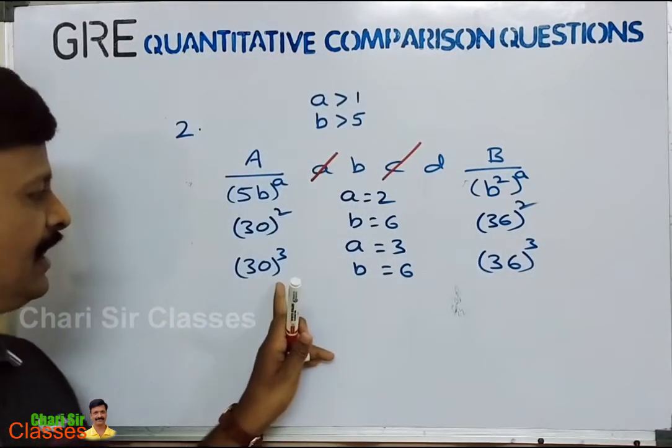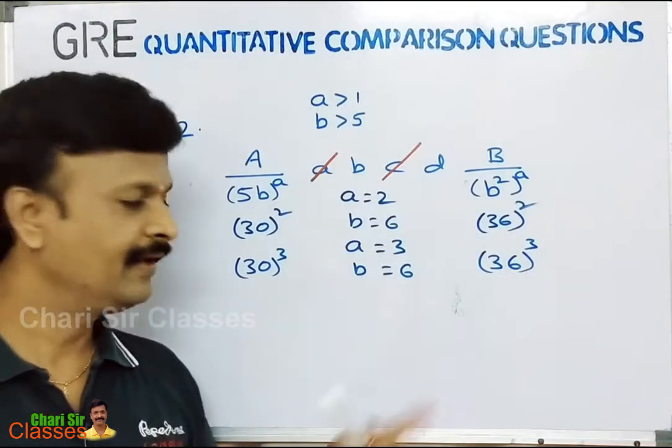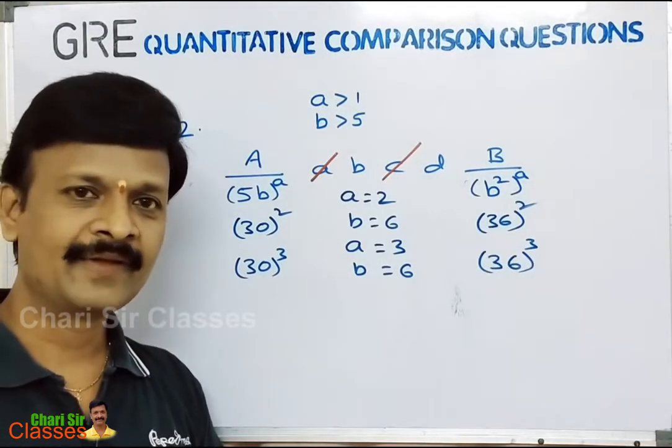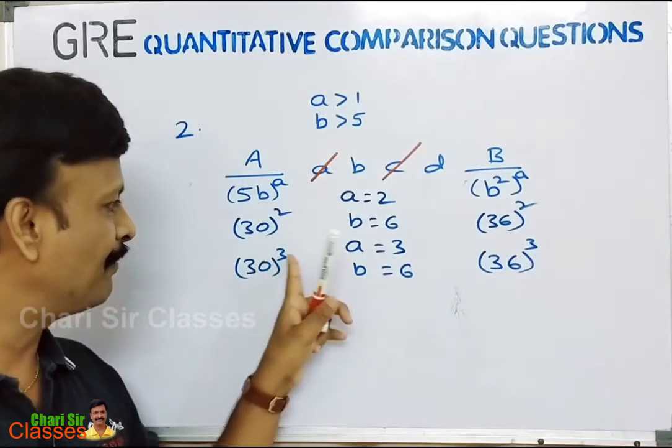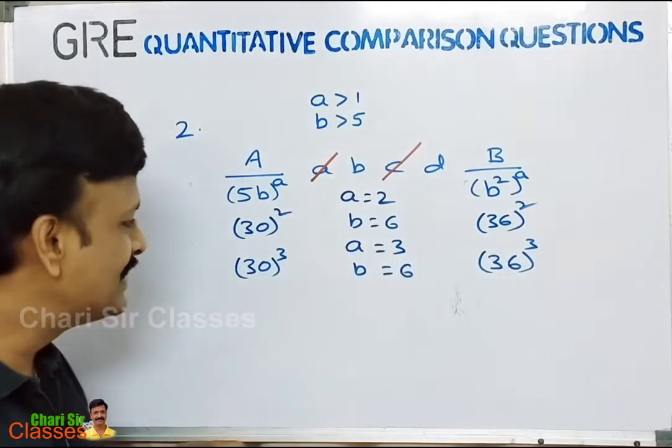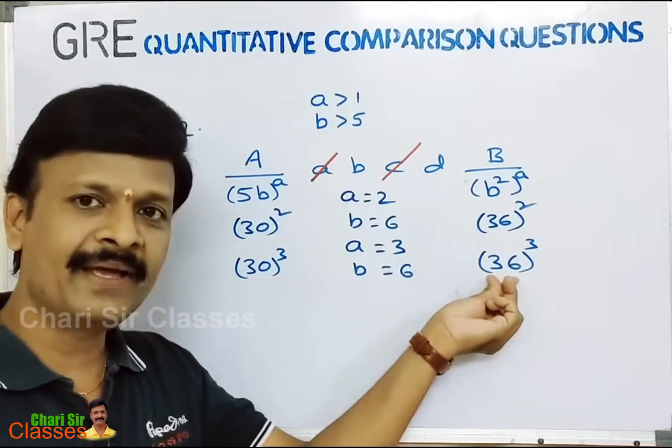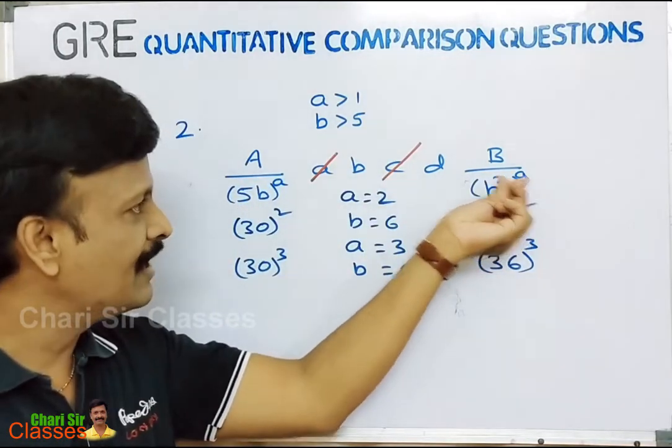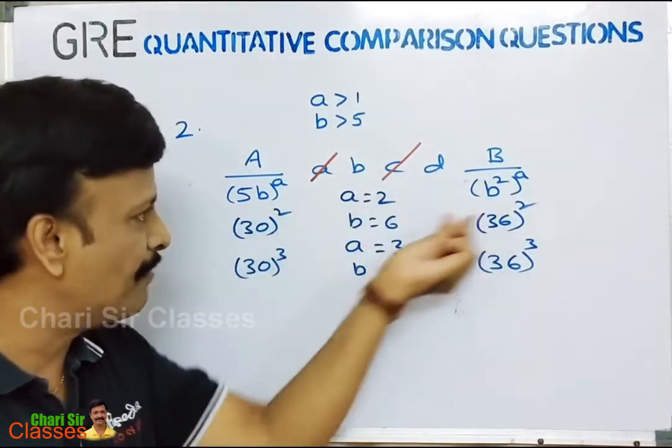Again it is 30 whole cube and 36 whole cube. 36 is greater than 30, and the powers are the same. Always you need to compare these bases, because when the powers are equal, we need to compare the bases.